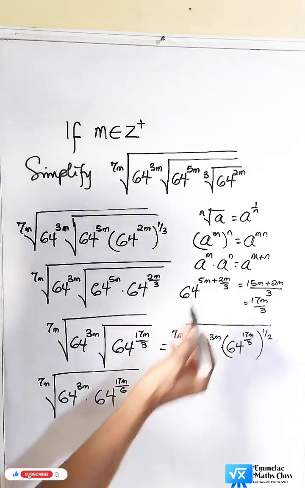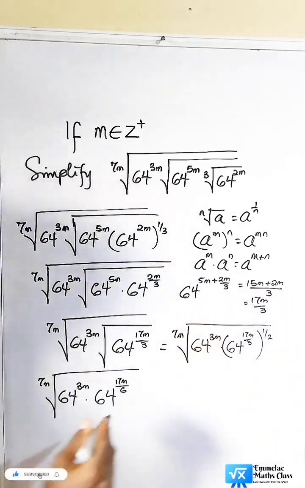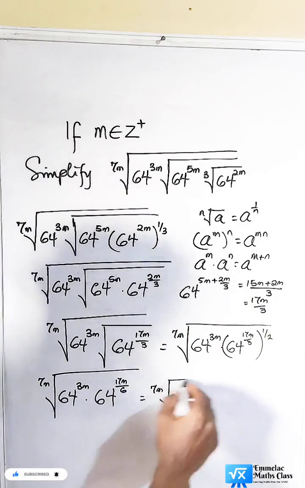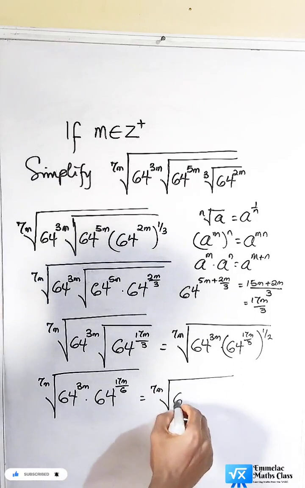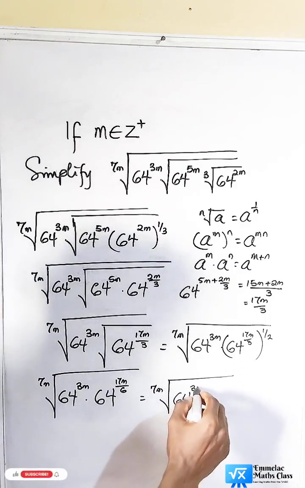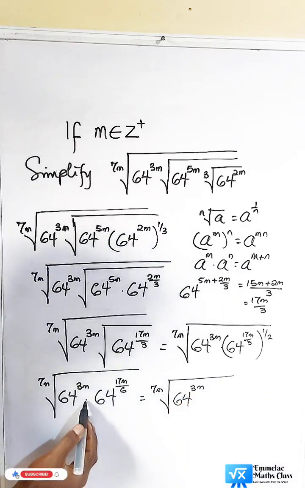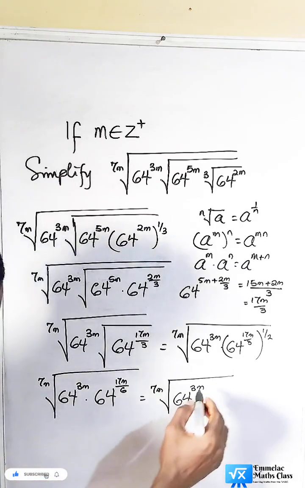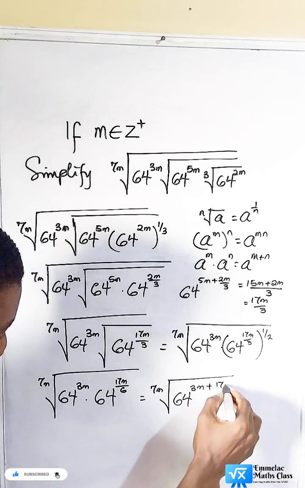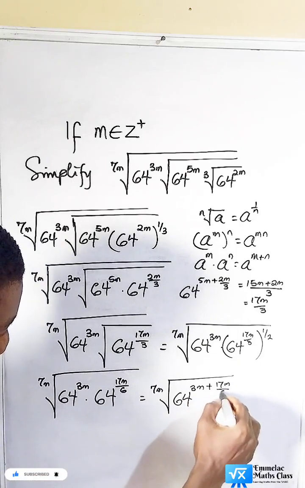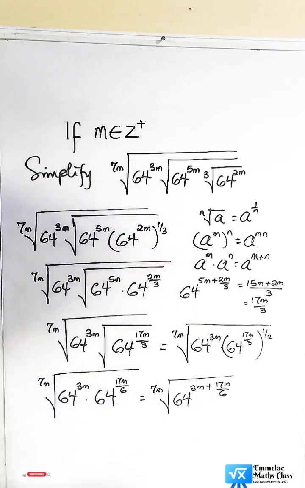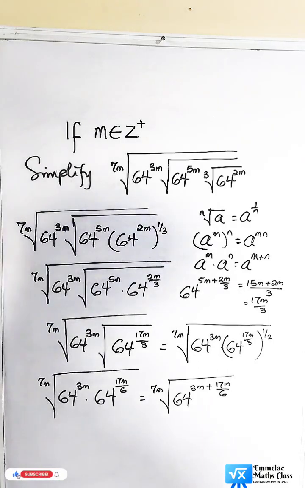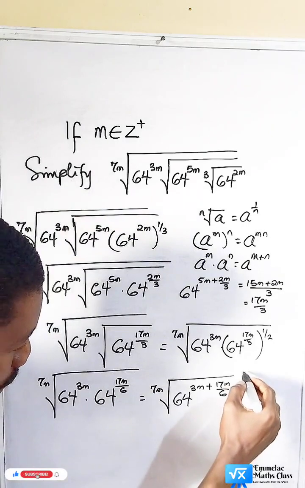Now applying this same law here, we have that the 7m root of 64 raised to the power of 3m, since it's multiplication, then with the same base we have plus 17m all over 6. Okay, and when we add this, let me just solve this here.